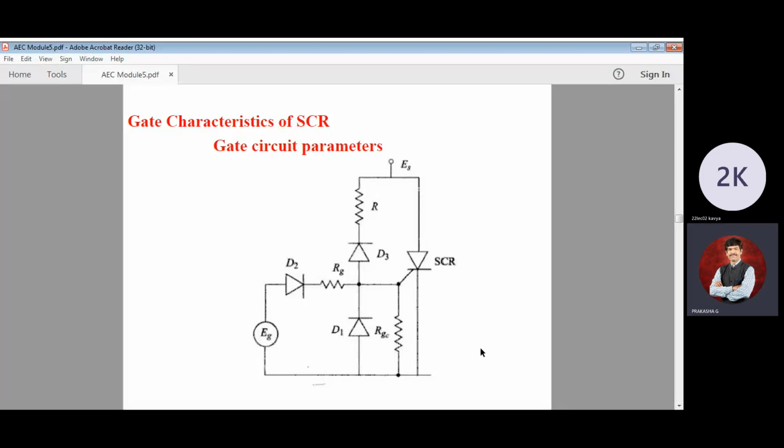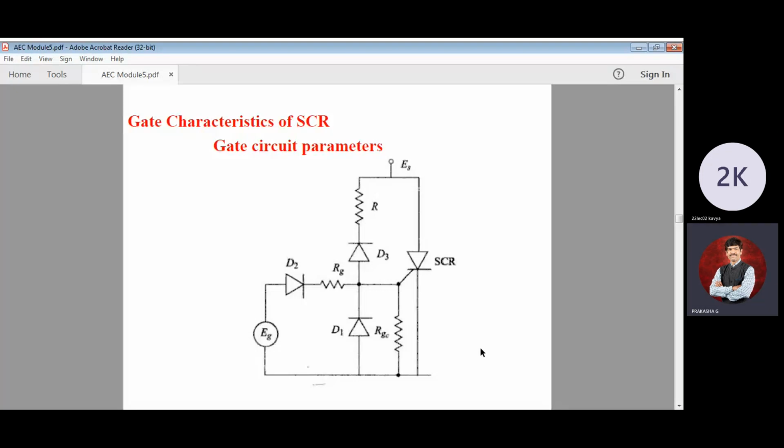Why do we need D1, D2, D3? Why can't we directly give the IG? In the previous diagram, if I don't use the three diodes, there may be chances of getting a leakage current, a reverse current, or negative currents over there.